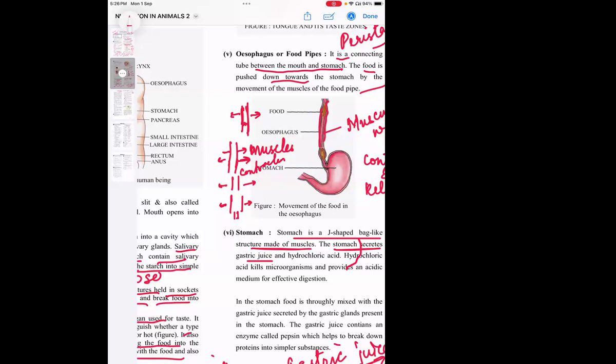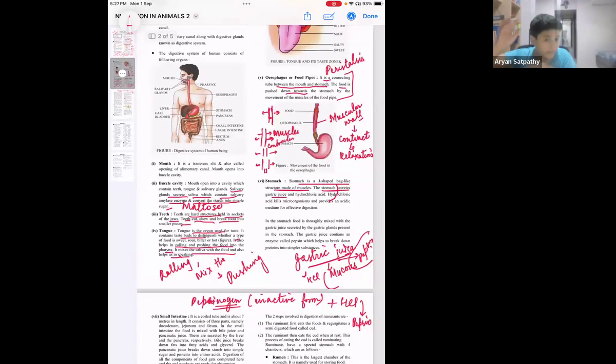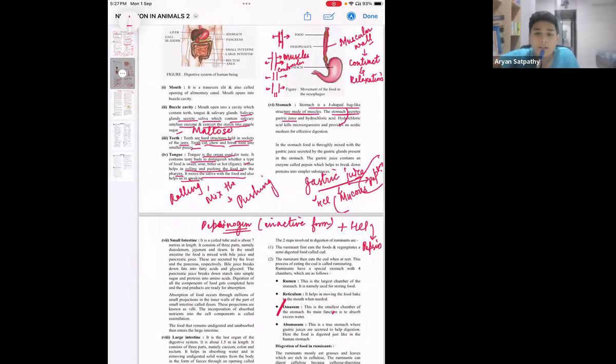Slowly, gradually, contraction, relaxation is happening, and ultimately whatever people are inside will be out. Same way, whatever food is in the esophagus, because of this continuous contraction, relaxation, the food will reach down. Clear?